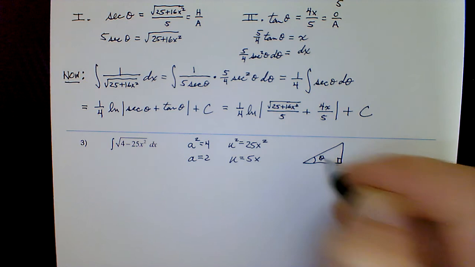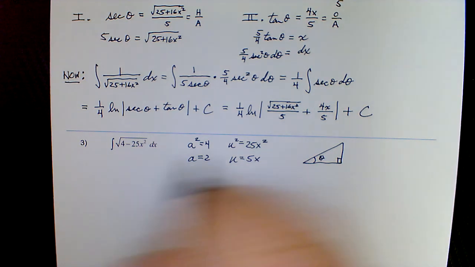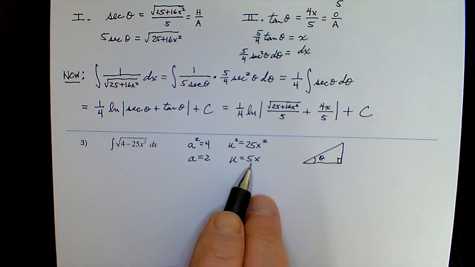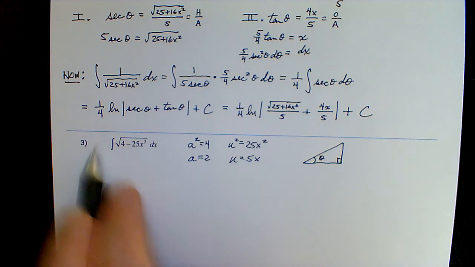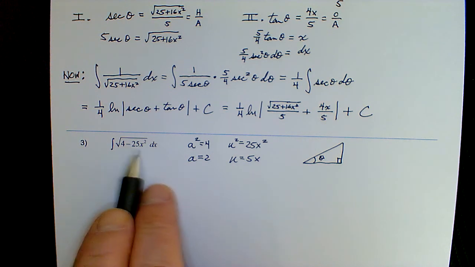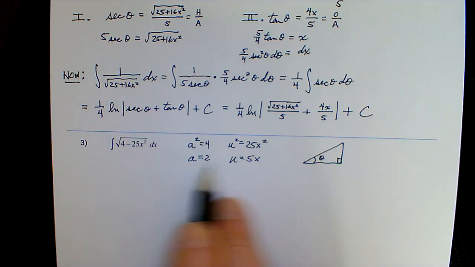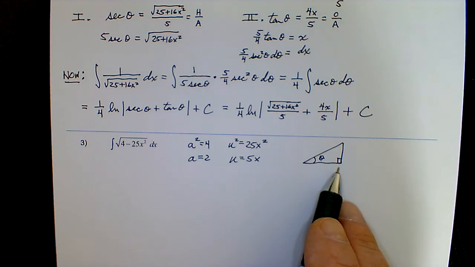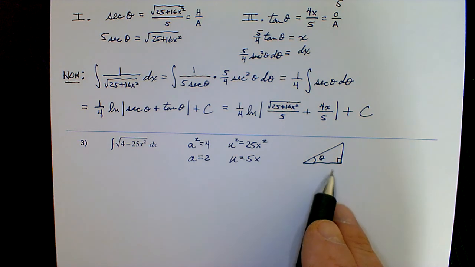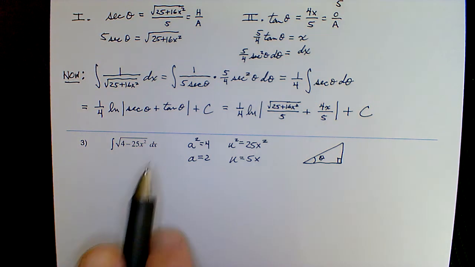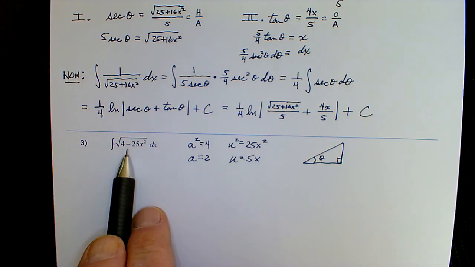Here's our triangle, reference angle theta. And we have to place the 3 pieces appropriately. Remember, we don't care what's in the integral, we just care about what the radical looks like. And that dictates what A and U are, and it also dictates what the triangle is going to look like. So I always like to fill in the hypotenuse first, and the first question to ask would be, is the radical part the hypotenuse or one of the legs?